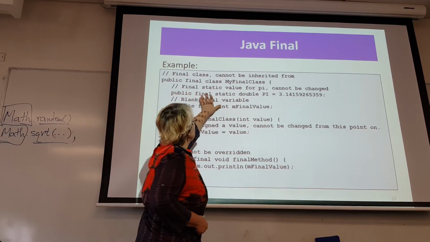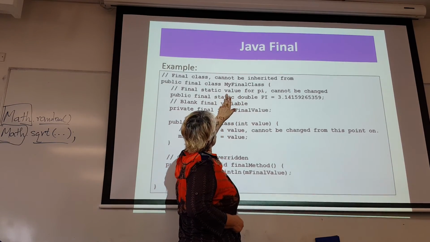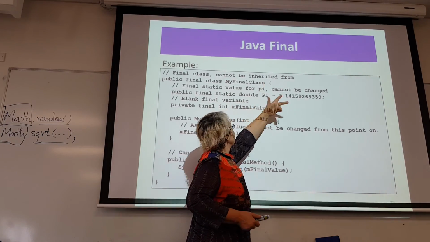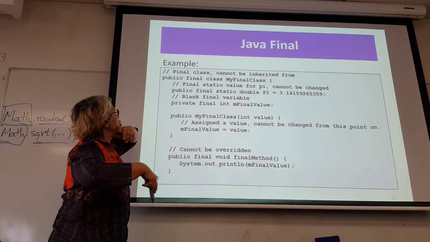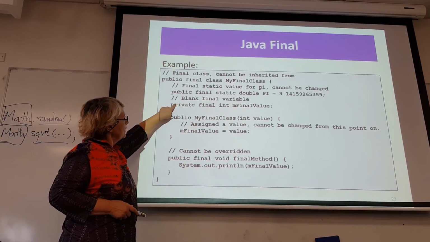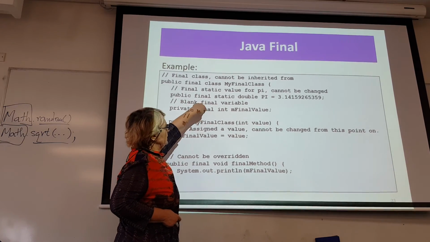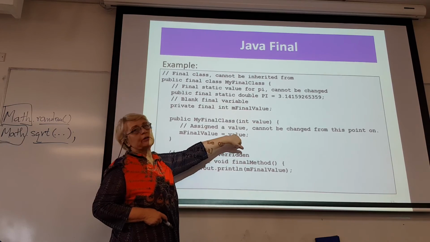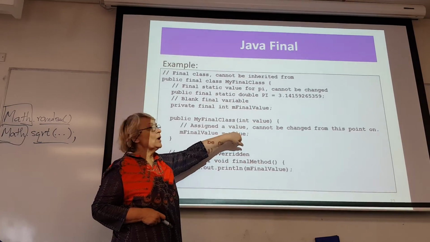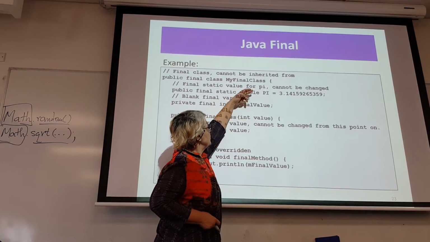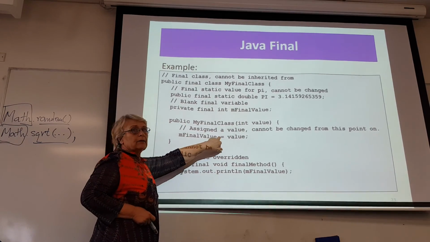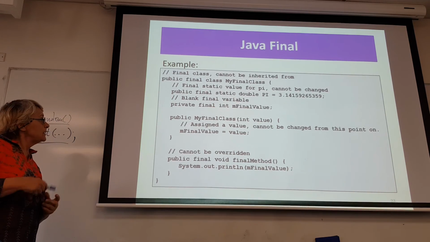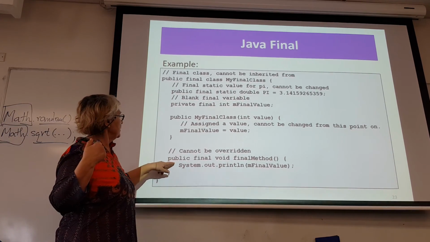In this example, we have a final static data member pi, which is initialized straight away, but we have a final data member, m final value, which gets its value in the constructor. So you have both approaches. This is not allowed in C++, as you know, but it's allowed in Java.